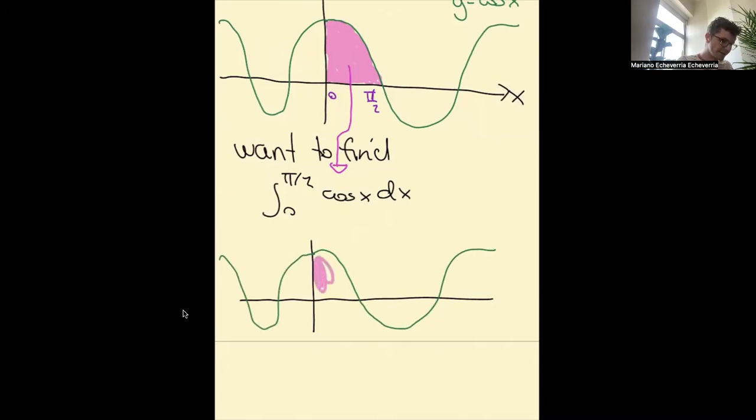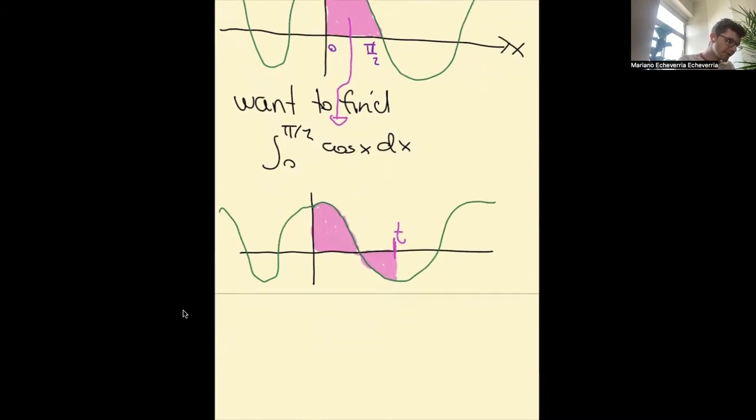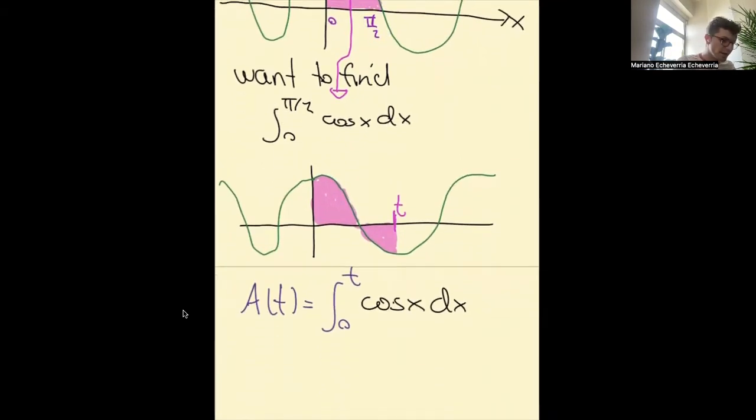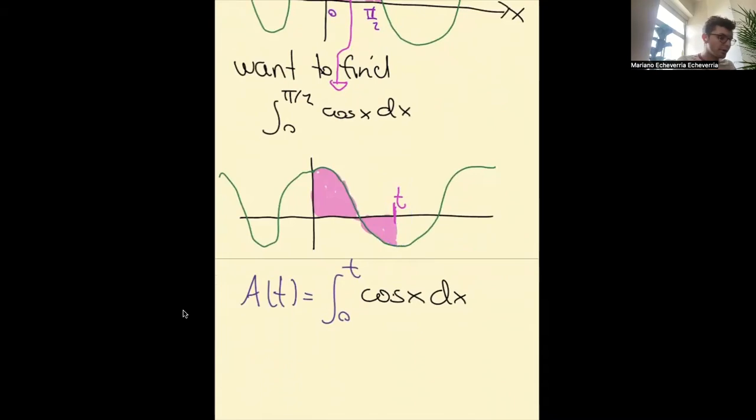Let's say t is somewhere in here. So instead, what we're working with is the area function, which is the integral from 0 to t of cosine of x dx. It is the same as before, it's just that where the integral finishes, before it was finishing at pi over 2, now it's finishing at a variable that I'm calling t.